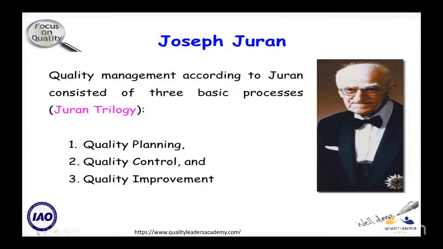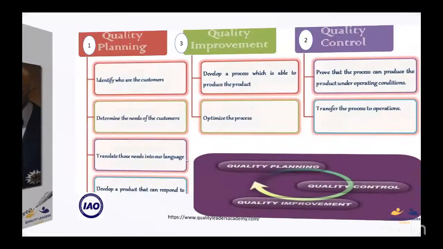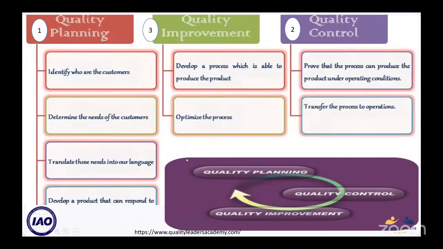Now, going deeper into Juran's trilogy, look here. Remember, quality planning, quality control, and quality improvement are interlocking processes. All three together form a complete practical system. They are not individualized.